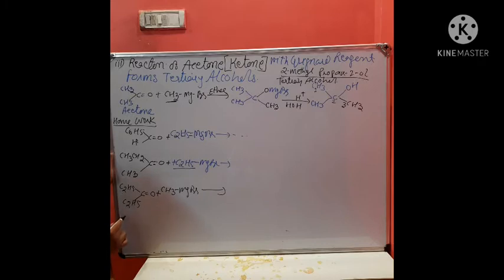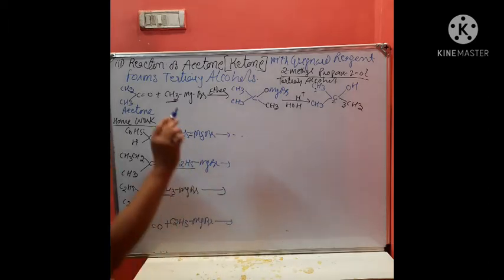Even I can change it to C3H7 C double bond O, and now I am writing here an aldehyde, getting? Plus now I am changing it by C2H5MgBr, and you have to complete the reaction.